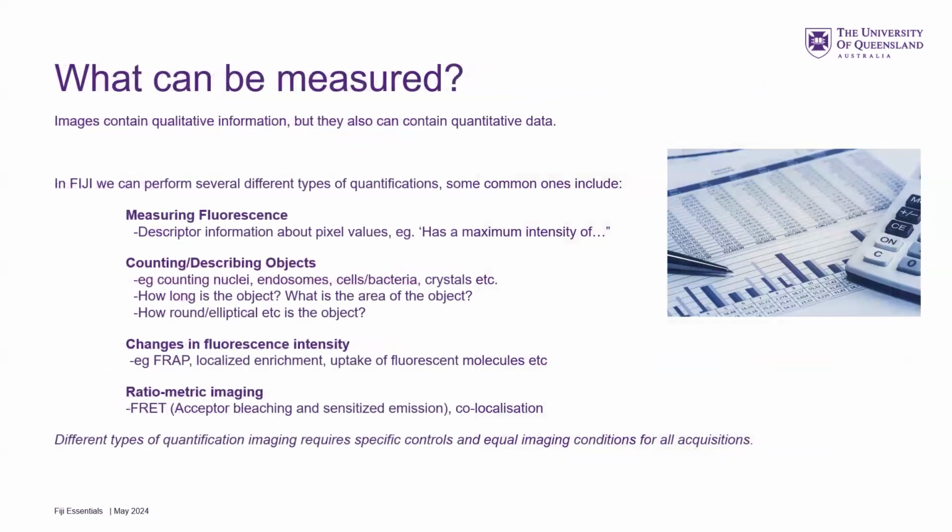So what can be measured? We can measure descriptor information, like how bright something is. We might say our cell had a maximum intensity of this. We can count things: how many objects there are, how many bacteria, endosomes, crystals, grains of sand, rocks, things like that. How long or how big or how round the object is, how elliptical, they're all descriptive things. We can measure changes, so you could do FRAP.